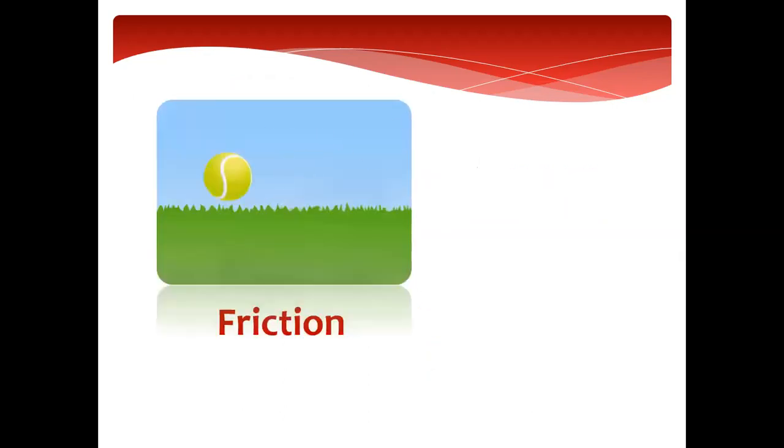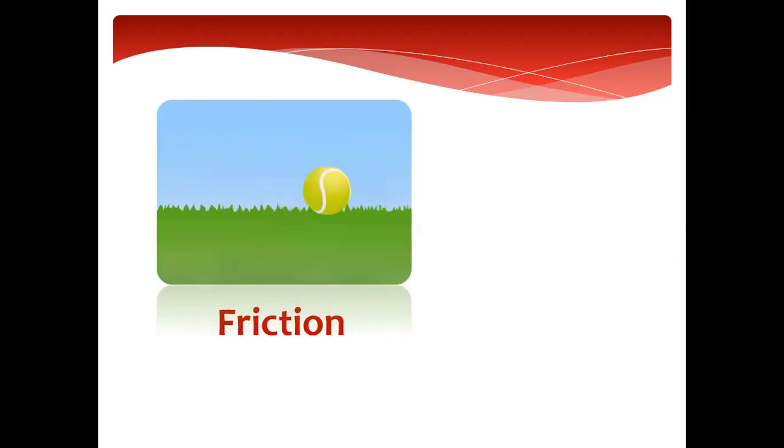Then we come to the part which was not clear, the friction. So we finished the magnetism. Magnetism is a kind of force where the magnet attracts or doesn't attract anything to it. The second thing was gravity. It's the force, or the power, that pulls anything or everything to the ground or to the earth's surface.